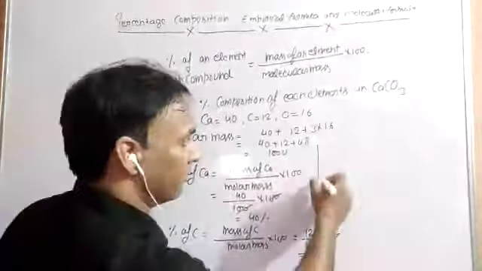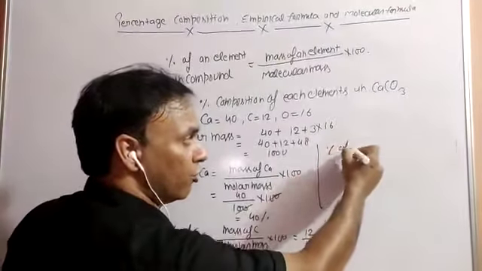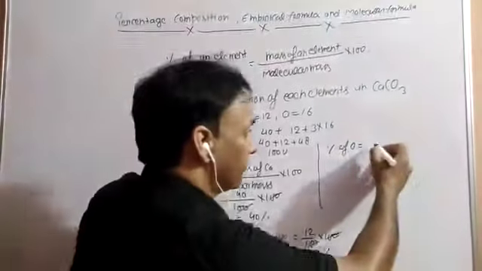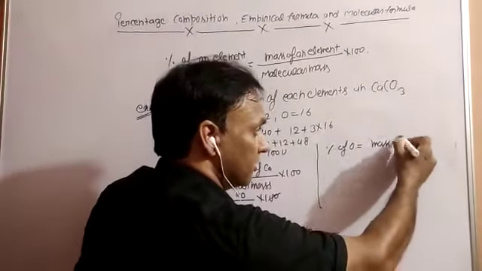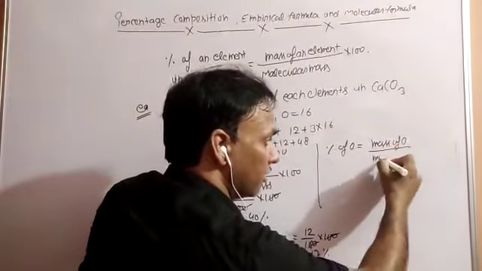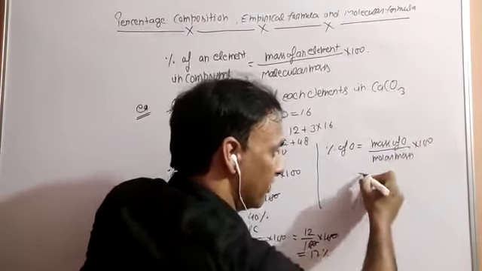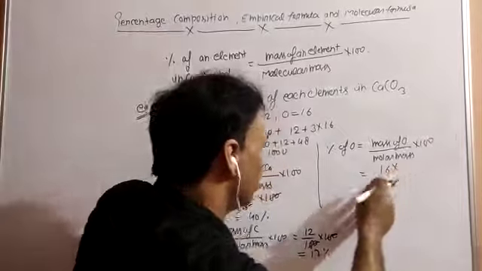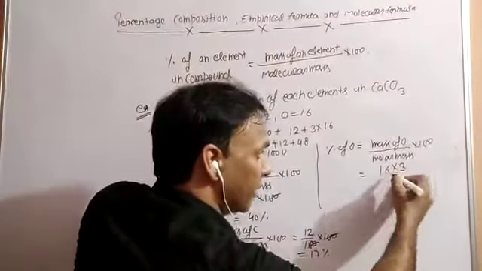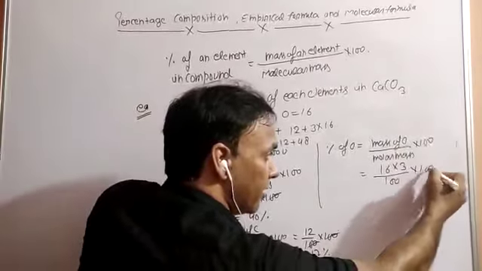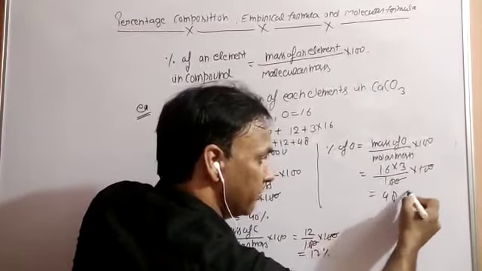Similarly, the percentage of oxygen is the mass of oxygen upon molar mass into 100. Because of 3 oxygens, it is 16 multiplied by 3 upon 100 into 100, that means 48%.